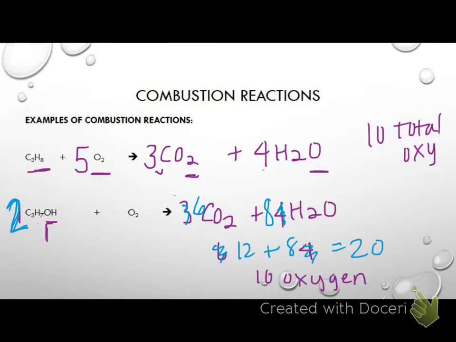So I can go over here and see if I can get 20. Well, I already have 2 right here, so minus 2 means I need 18 more. Well, half of 18 is 9, so I'd put a 9 here. So my final answer for this equation would be 2, 9, 6, and 8.